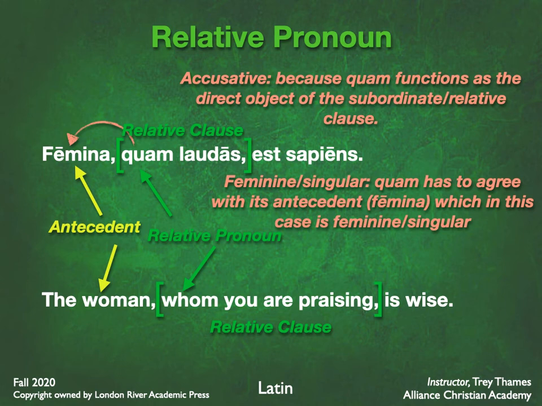So consequently, when you look at your chart, you're going to pick the feminine, you're going to pick singular, and you're going to pick accusative, and that is the form quam. So quam, accusative because it's the direct object of laudas, feminine singular because the antecedent femina is feminine singular. The woman whom you are praising is wise.